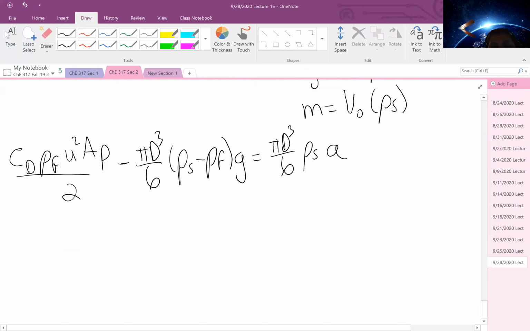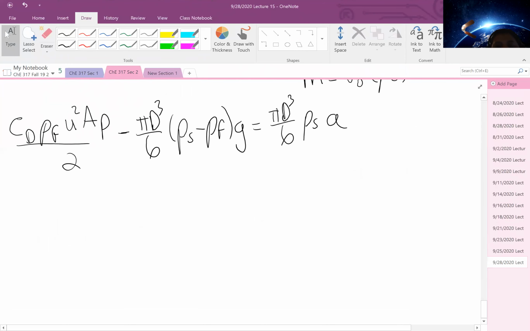Now, as I've done in the past, solving for acceleration means dividing by pi d cubed over 6 times the density.